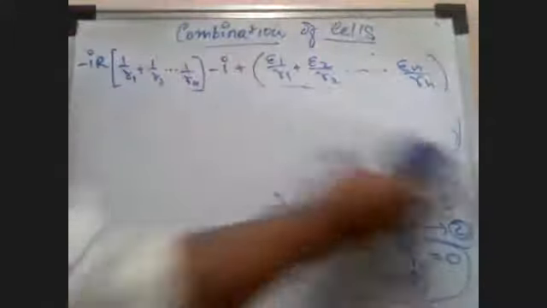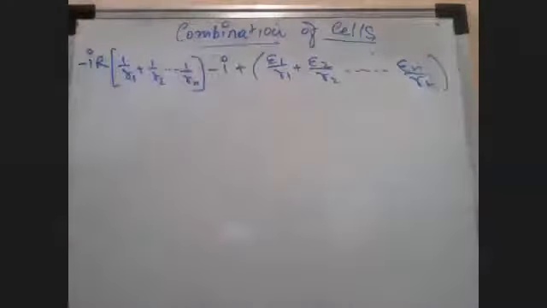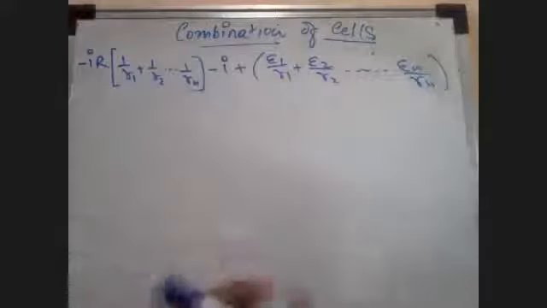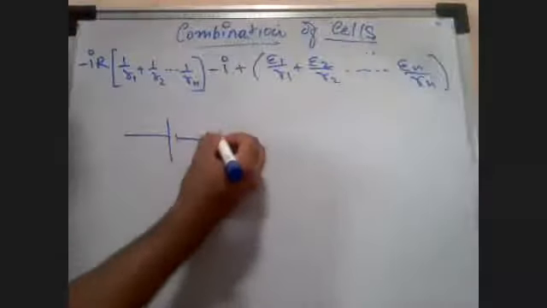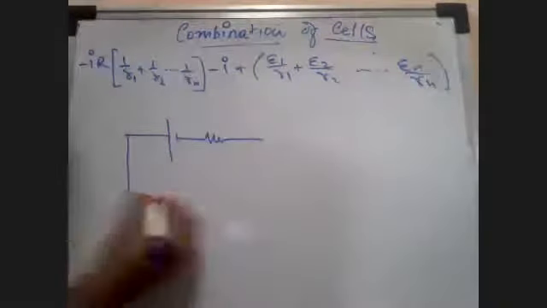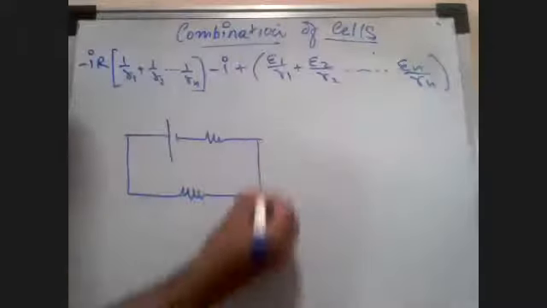Now, since we have found the general expression for this, let's find the general diagram for the parallel combination. What will the general diagram of my parallel combination look like? It will be similar to this: epsilon equivalent with some R equivalent and some resistor capital R. Yes or no?